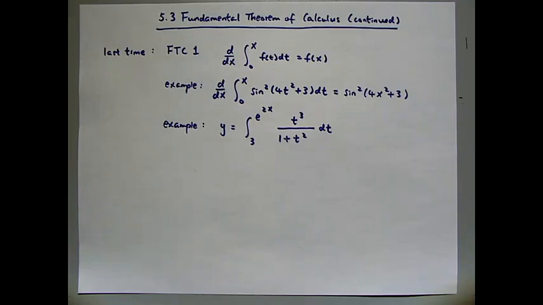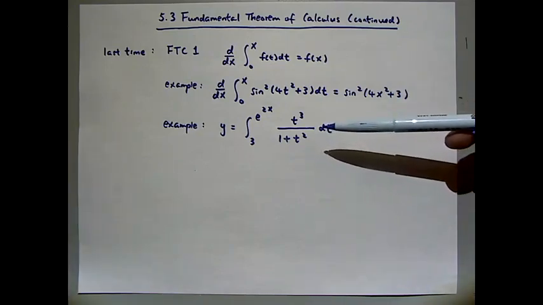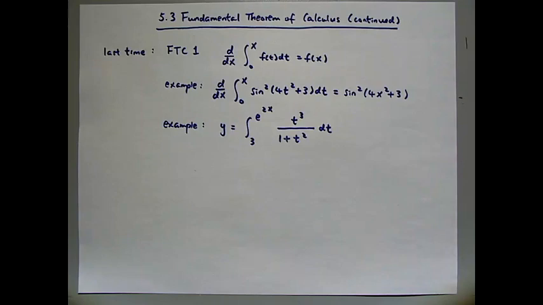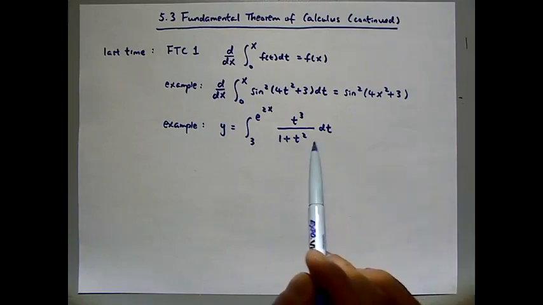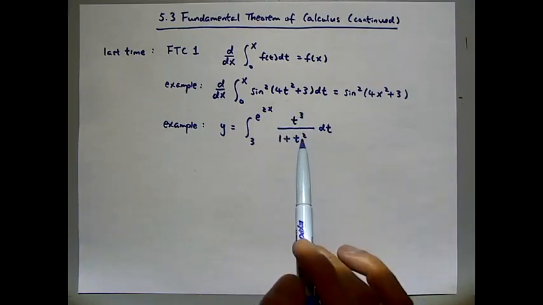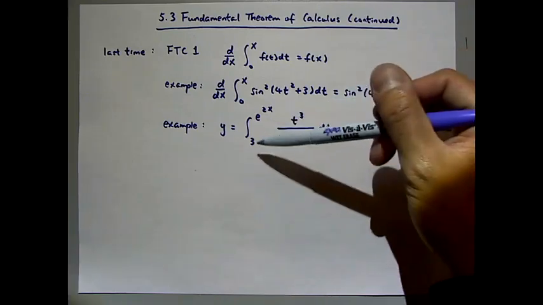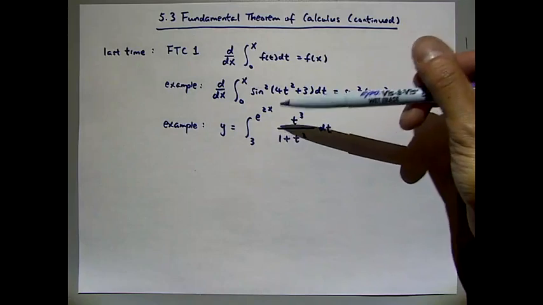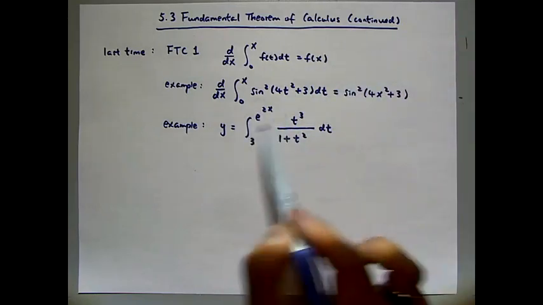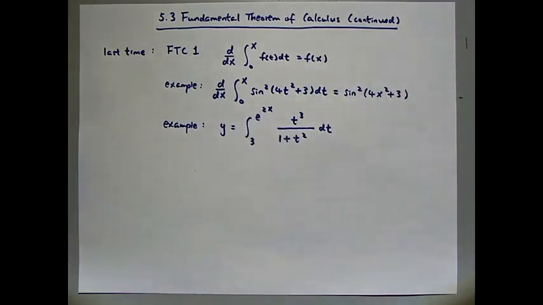Okay, so if we're integrating from 3 to, say, e to the 2x of this function, again, think in terms of the area. We're looking for the area underneath this function, between this function and the x-axis, from t is equal to 3 up to t is equal to e to the 2x. That's going to be some number, but it just doesn't look like a very simple thing.